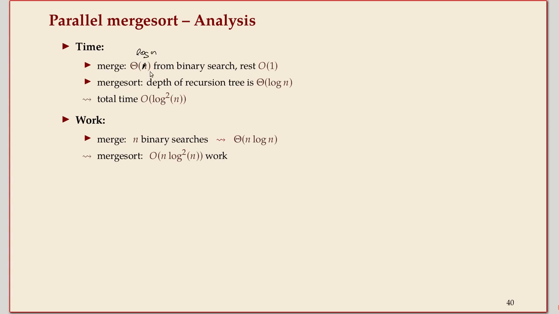That's just a typo. So the merge procedure that I didn't spell out only does constant time things in parallel except for the binary searches. The binary search itself, again, seems hard to parallelize, so we don't even try. In this simple case, you just do a sequential binary search, but with all the processors in parallel.